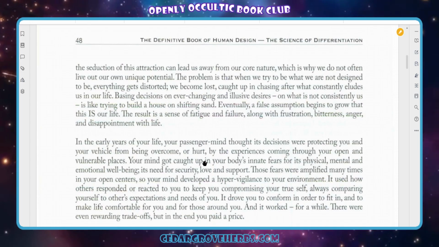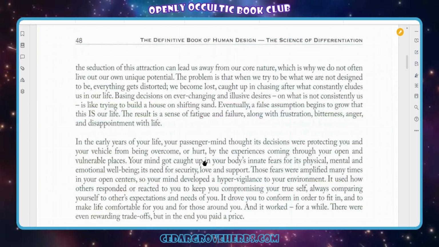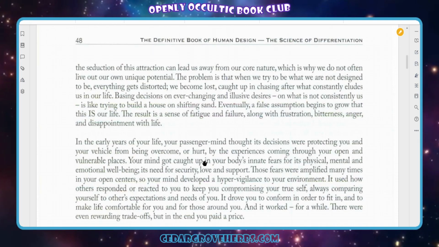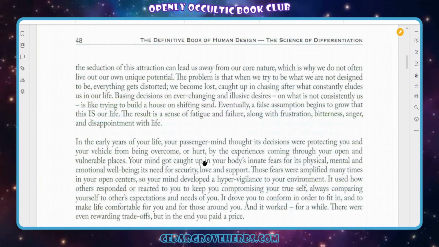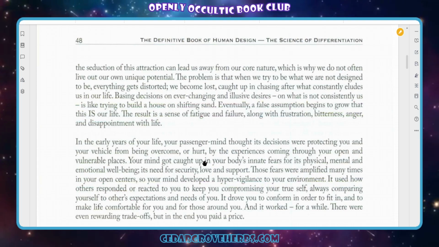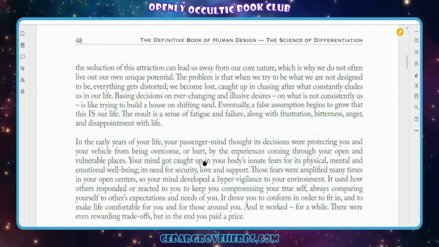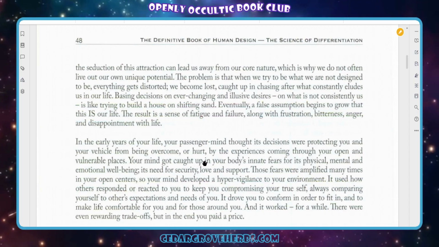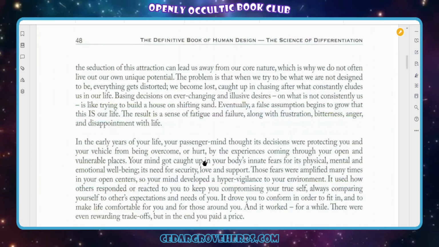Basing decisions on ever changing and elusive desires, on what is not consistently us, is like trying to build a house on shifting sand. Eventually, a false assumption begins to grow that this is our life. The result is a sense of fatigue, failure, along with frustration, bitterness, anger, and disappointment with life.